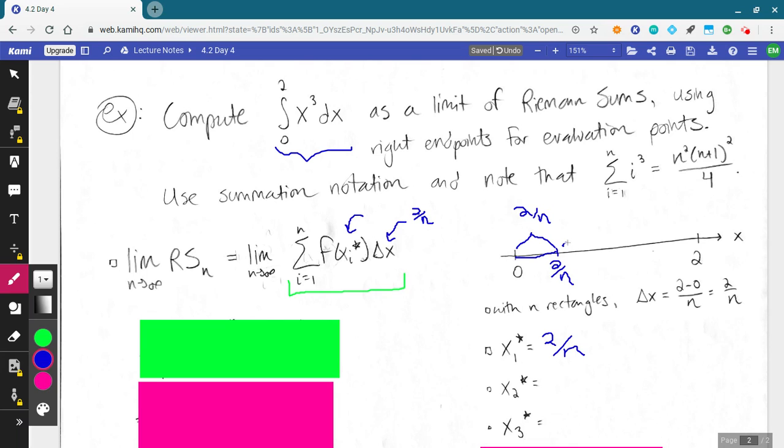Our second rectangle also has a width of 2 over n, so its right endpoint, since we went over 2 over n's, we get 2 times 2 over n. And for our third rectangle, we're going to move over another 2 over n, and its right endpoint is going to happen at 3 times 2 over n.